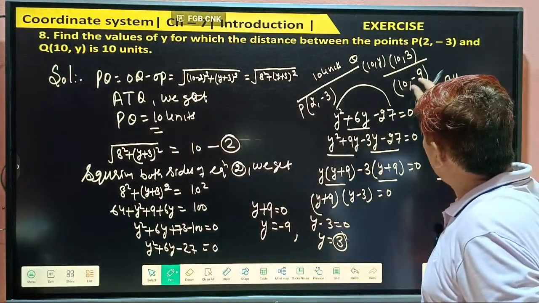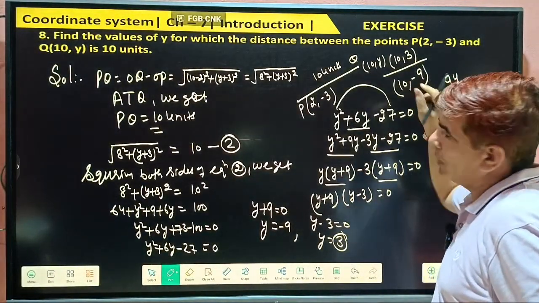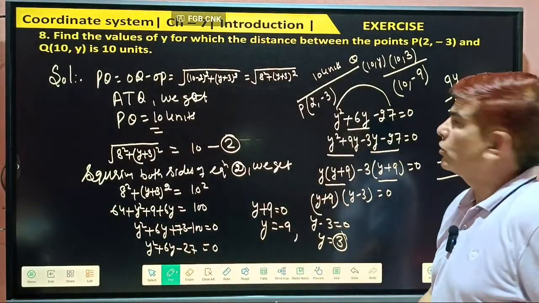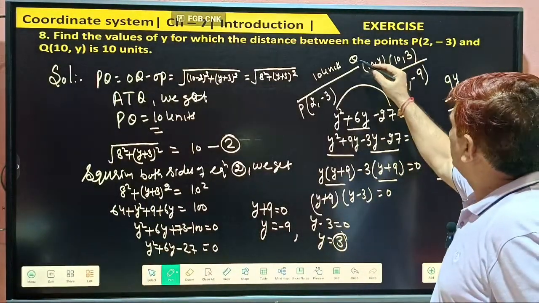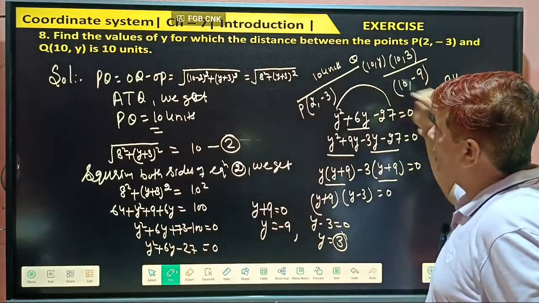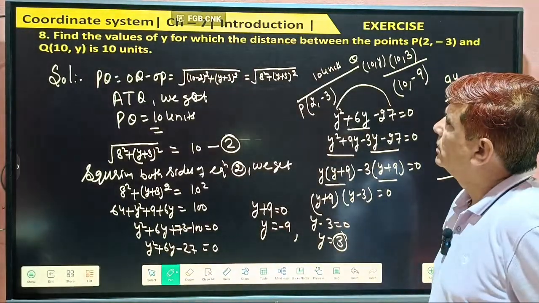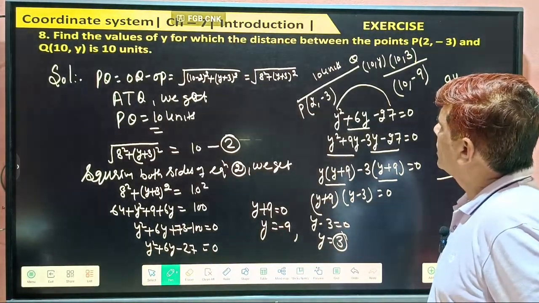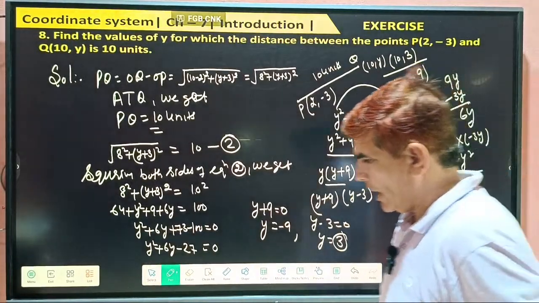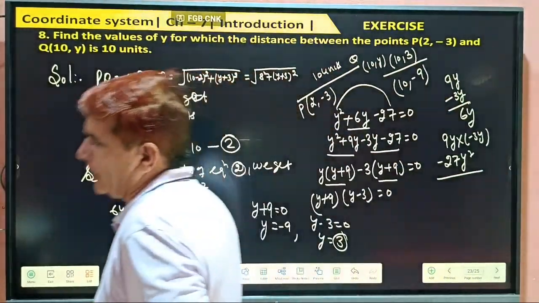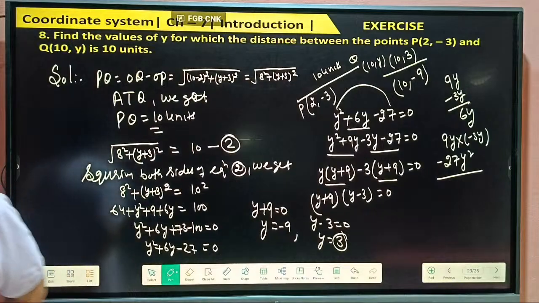And if these are the coordinates, then the point lies in the fourth quadrant. So two points are there, two values of y. Here the distance is 10 units from point P. Got it or not?